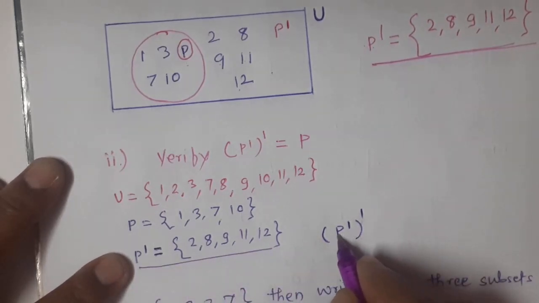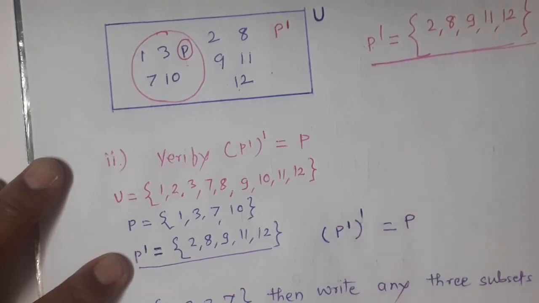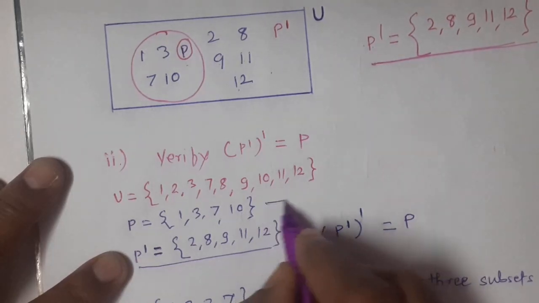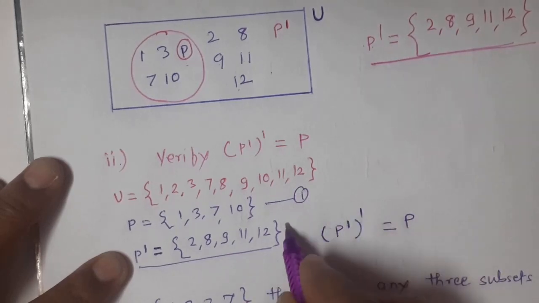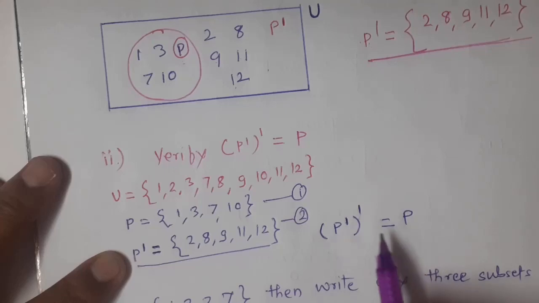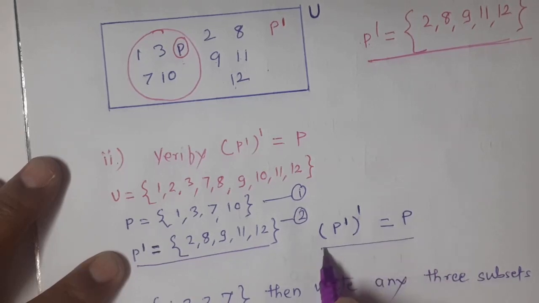But the complement of P's complement is P. By this we have found the value of P and the value of P dash. So P dash of dash is equal to P. From this we have proved that.